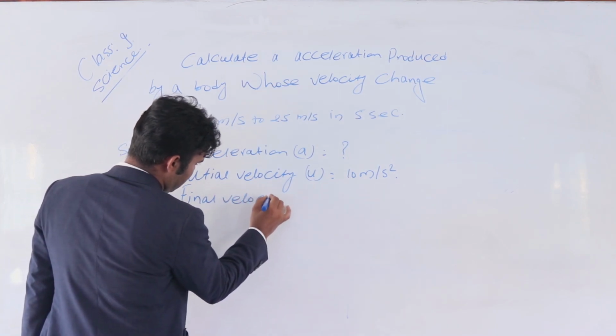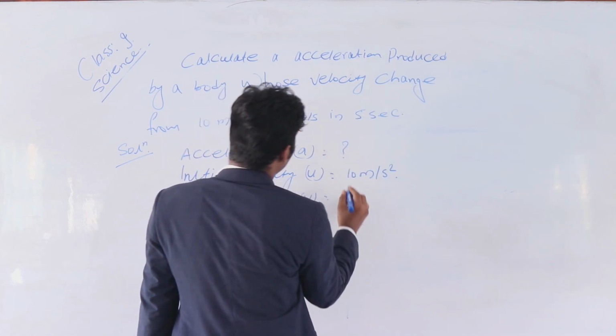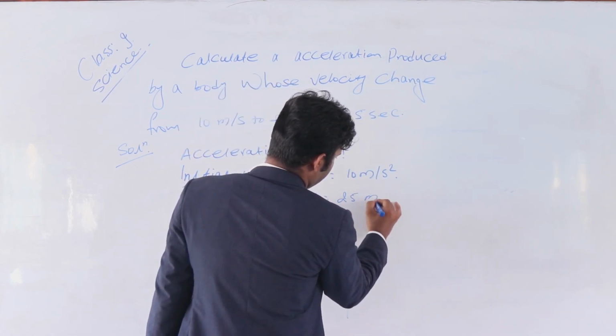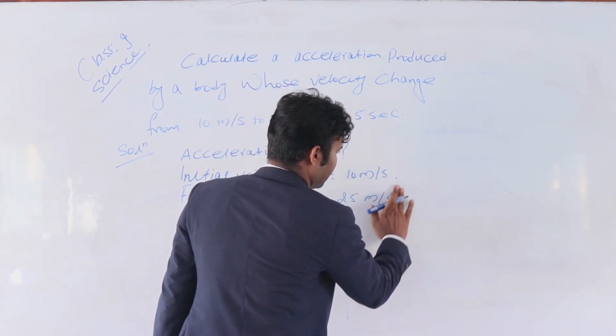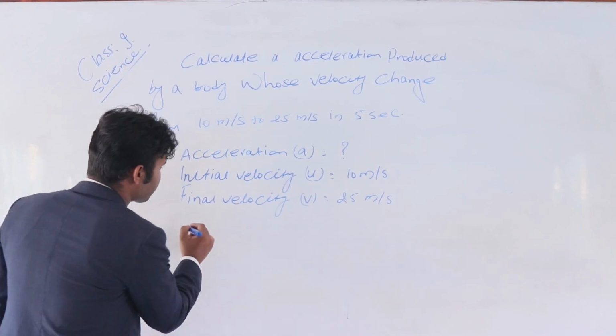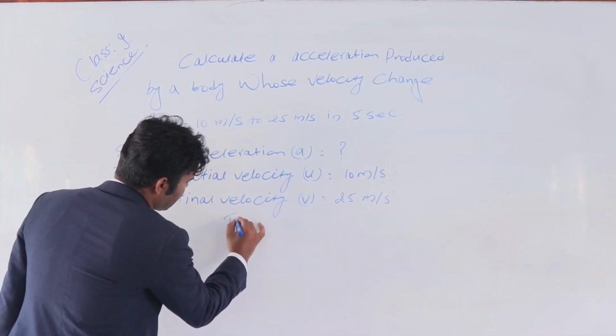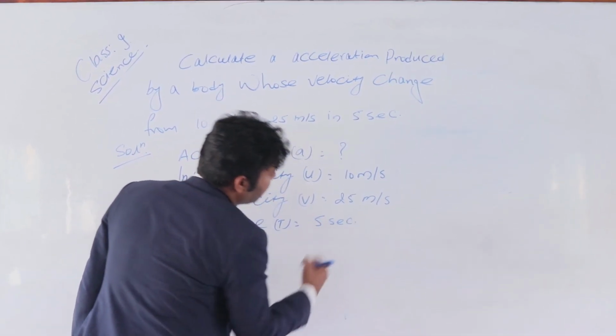Final velocity v is equal to 25 meter per second. Sorry, the unit of velocity is meter per second. Time t is equal to 5 seconds.